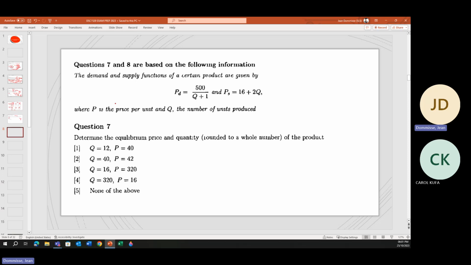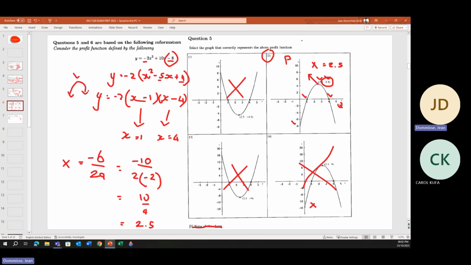Or are you allowed to go back to previous questions? Yeah, they said we can't go back. They said you just have to click next the whole time. Yeah, so it's linear.